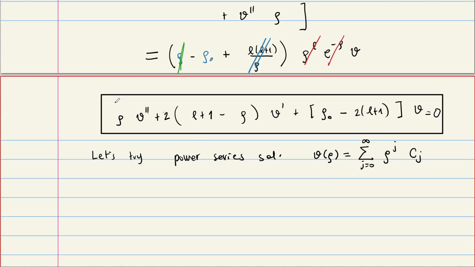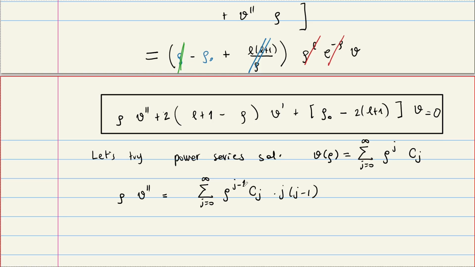So let's try term by term. The first term is equal to rho times, I am going to take the second derivative of this thing. So the first derivative gives j, and the second derivative gives j minus 1. Okay? And let's push this rho inside. This is j minus 1.